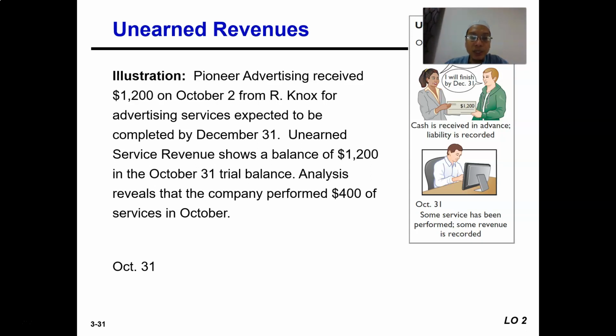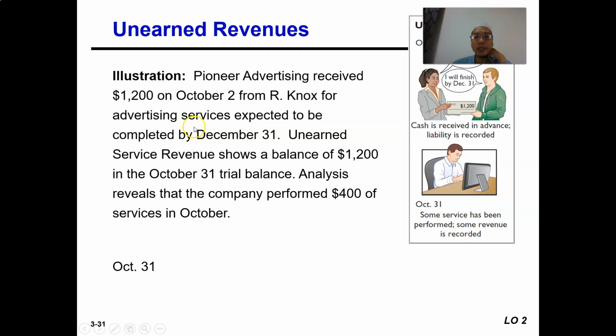Analysis reveals that the company has performed $400 of services in October. RNOX, the client, has paid 1,200 for advertising services that will run across three months, from October until December, which is 3 months of advertising.